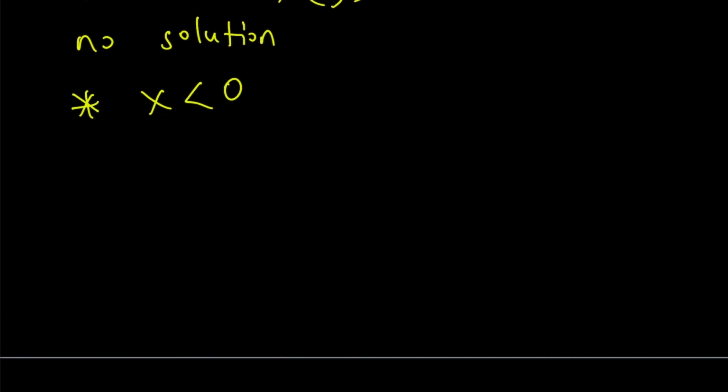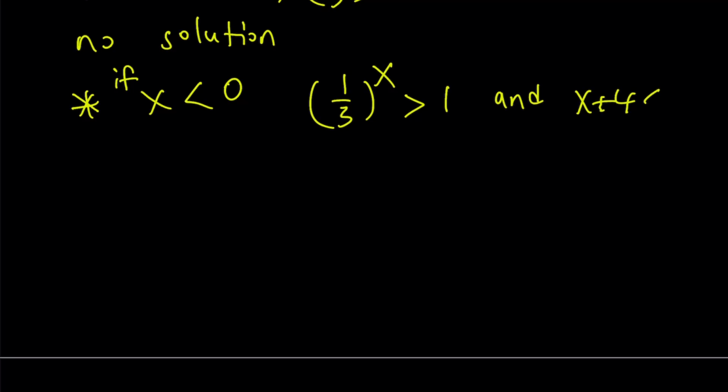For negative x values, if x is less than 0, we have 1/3 to the power x. Now notice that if you raise 1/3 to a negative power, like -1, -2, -3, you're always going to get a number that is greater than 1, and x plus 4 is always going to be less than 4.